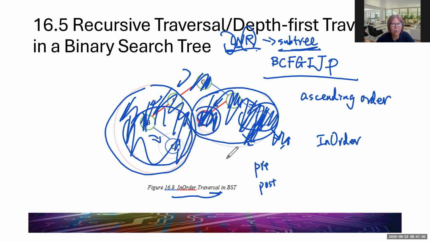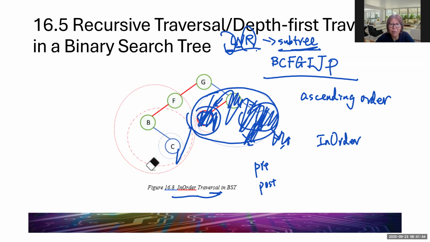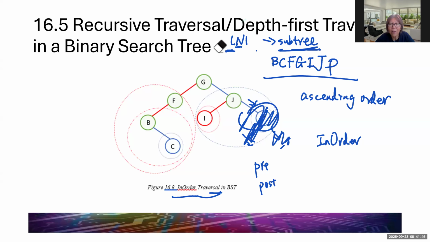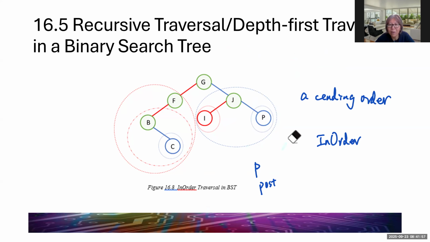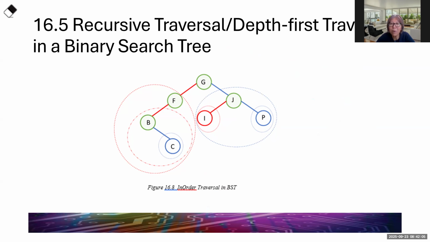So just be careful about the left and right definitions regarding the whole subtree. Only when you're done with the whole subtree, then you move to the node. It's similar for pre-order and post-order.